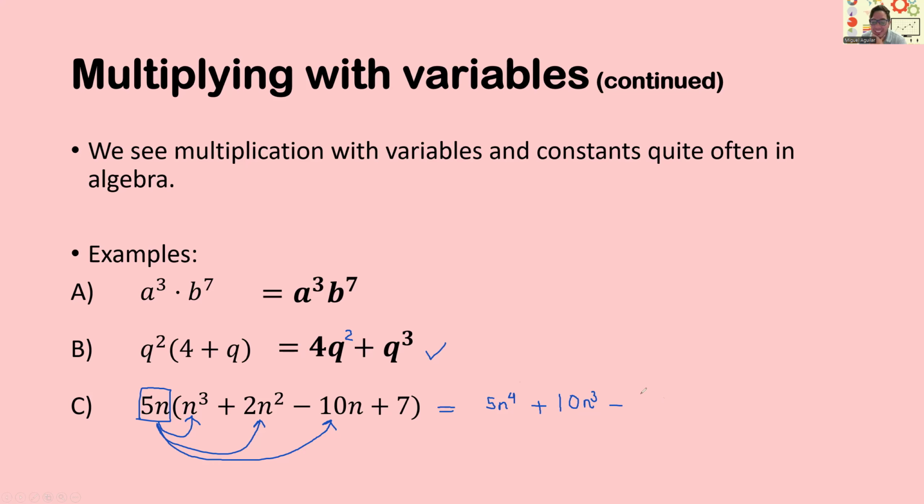Yeah, negative 50 is correct, right? Because it's 5 times negative 10, which is going to be negative 50. And then n times n is n squared. So the last bit of multiplication is 5n times 7. 35n. Yeah, 35n.